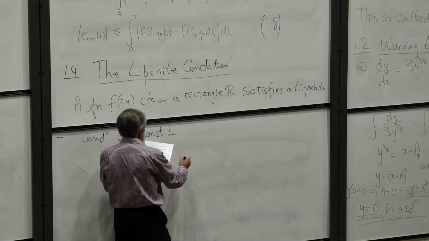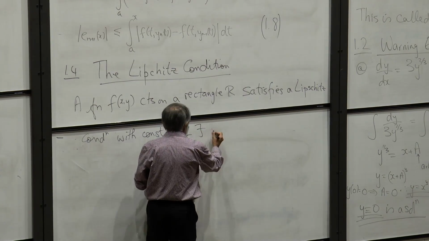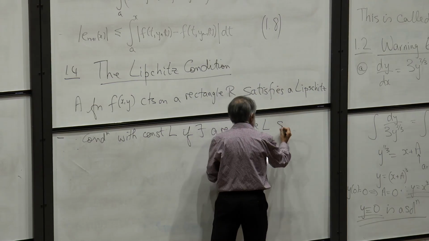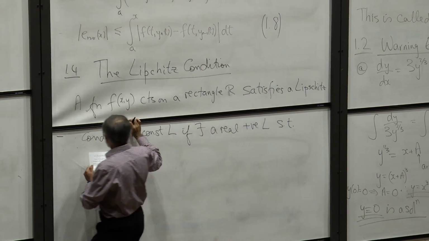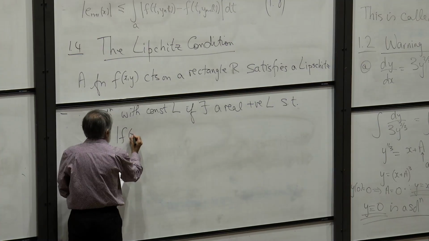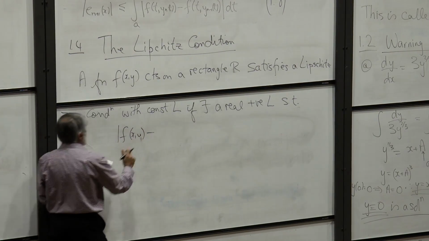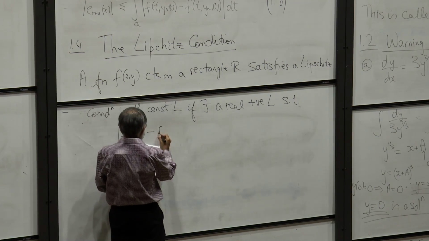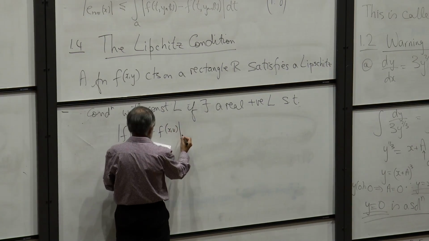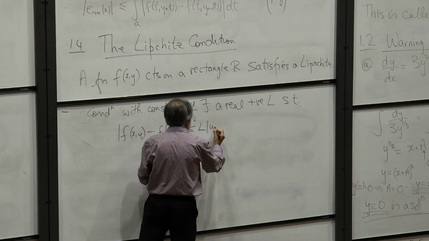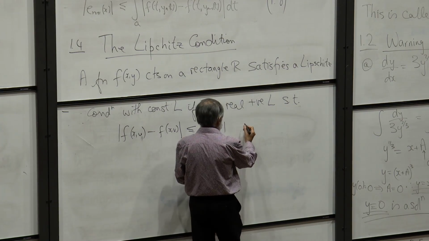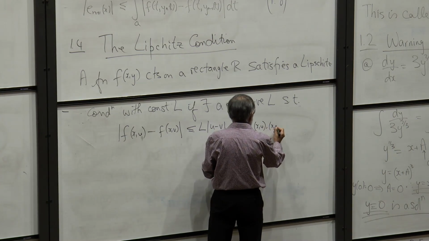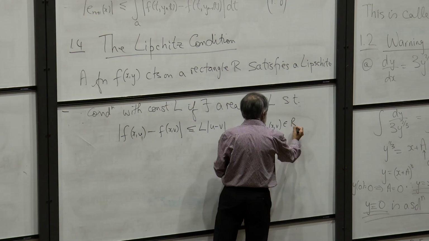With constant L, if there exists a real positive L such that the modulus of f of x comma u minus f of x comma v is less than or equal to L times the modulus of u minus v for all (x, u), (x, v) an element of the rectangle.